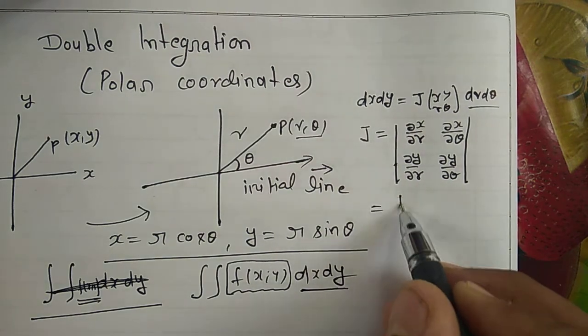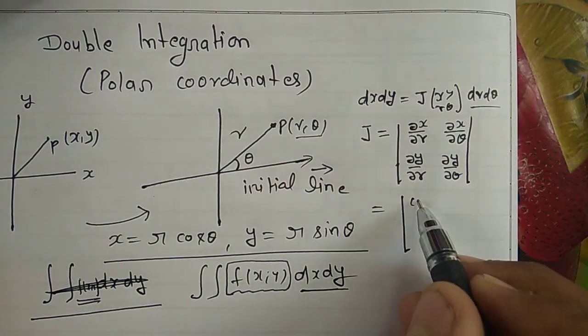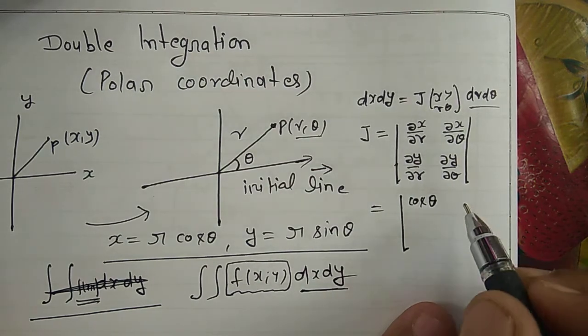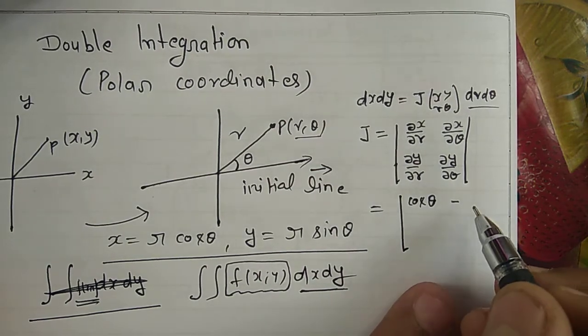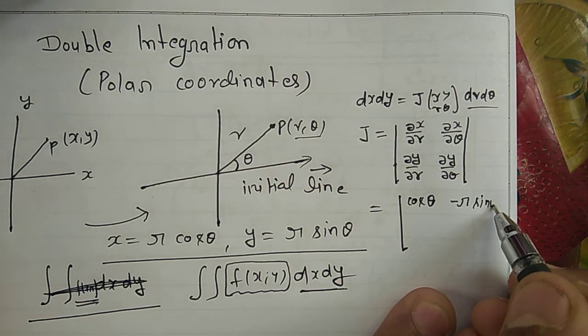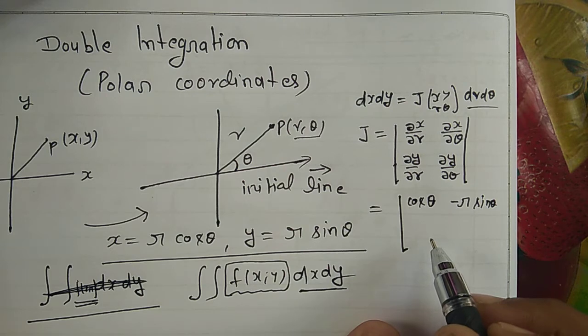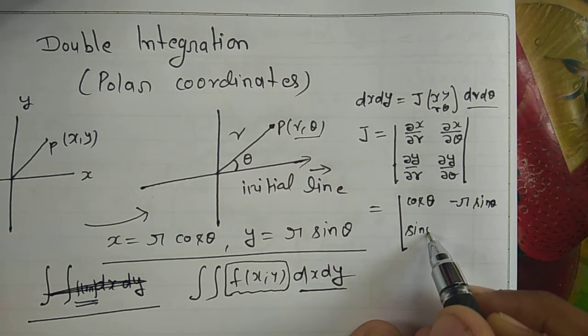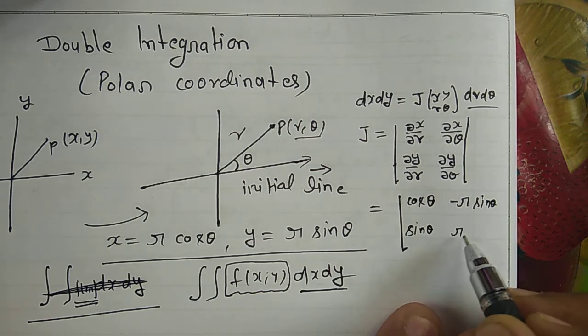So this equals: del x by del r means cos theta, and del x by del theta means minus r sin theta, and del y by del r means sin theta, and this is r cos theta.